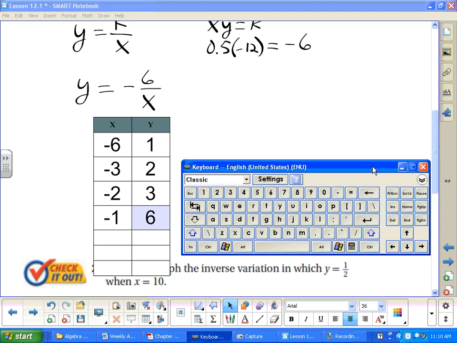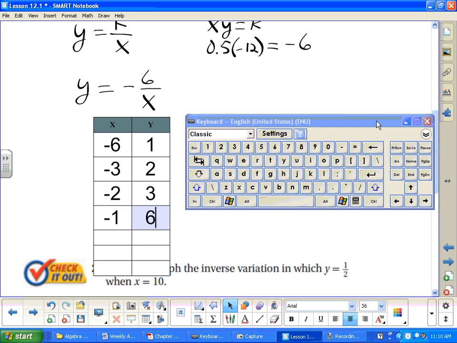All right, so now we'll use positive numbers. Let's go positive 1. What's negative 6 divided by positive 1? Negative 6. And positive 2. What's negative 6 divided by positive 2? Negative 3. And then we'll do positive 3.